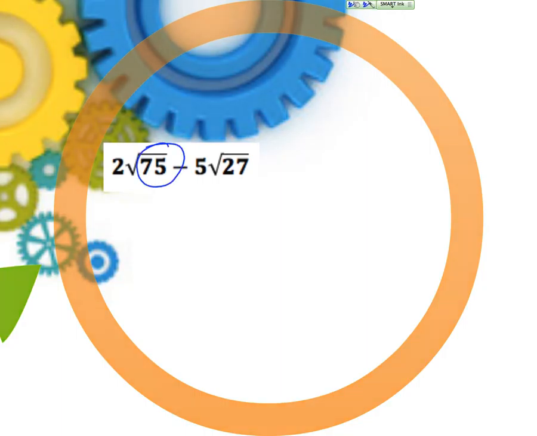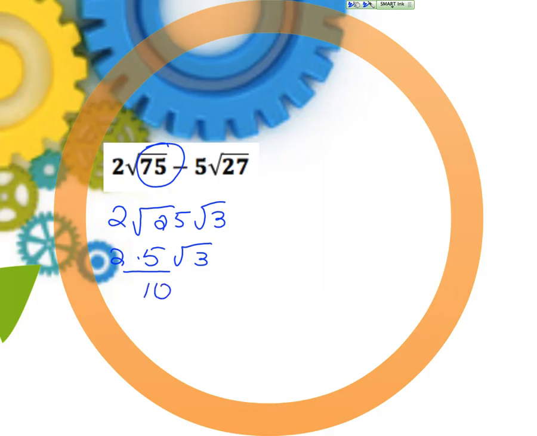Sorry, I forgot to align the smart board, so I'm a little crooked. 75 is 25 times 3, right? So I can break that down into the square root of 25 times the square root of 3. So this 2 still stays outside. Then we know the square root of 25 is 5. So 2 times 5 times the square root of 3. 2 times 5 is 10. So I've got 10 square roots of 3.